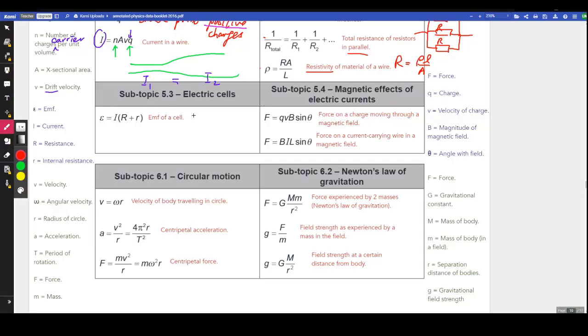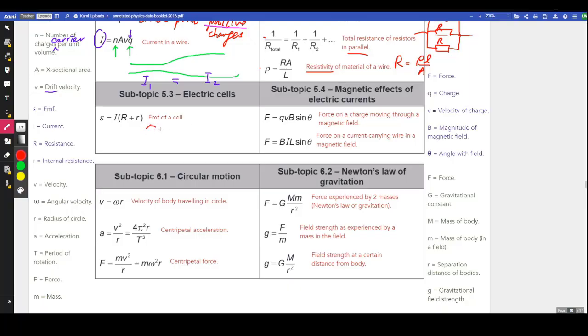Next one is simply about a cell, considering the internal resistance as well. So this is the equation. Epsilon is the EMF, and big R is the equivalent resistance outside of the circuit. Small r is obviously the internal resistance.